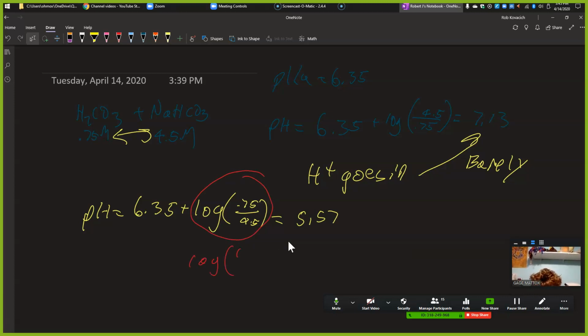Let's say the log of 1 molar divided by 1 molar. What's this turn into? 1. It's 0.